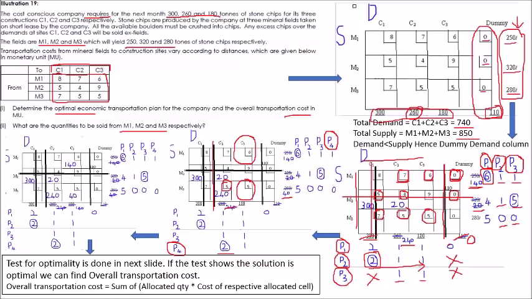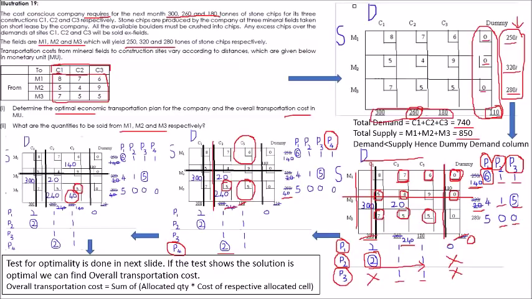Here you have the least cost as 5. How much can you allocate? 180 is the demand available here. Out of 180 you can allocate 40 here. That's what we have done here, because out of the remaining cells, 6 is the cost here, 5 is the cost here, and 5 is the least cost.